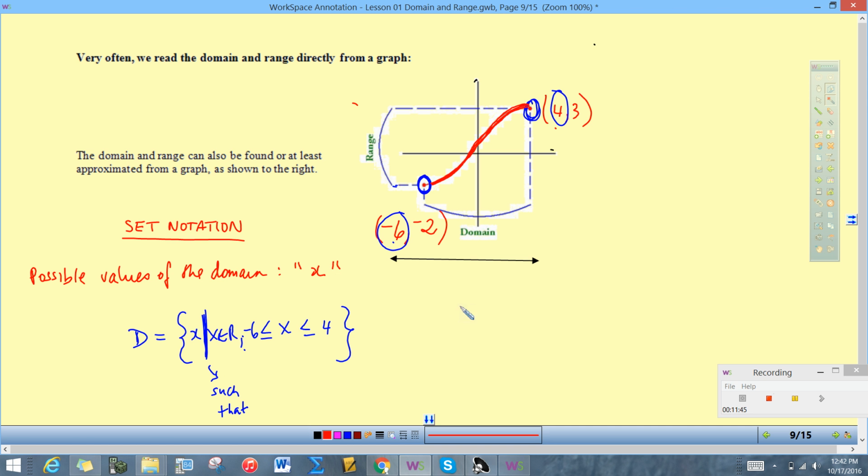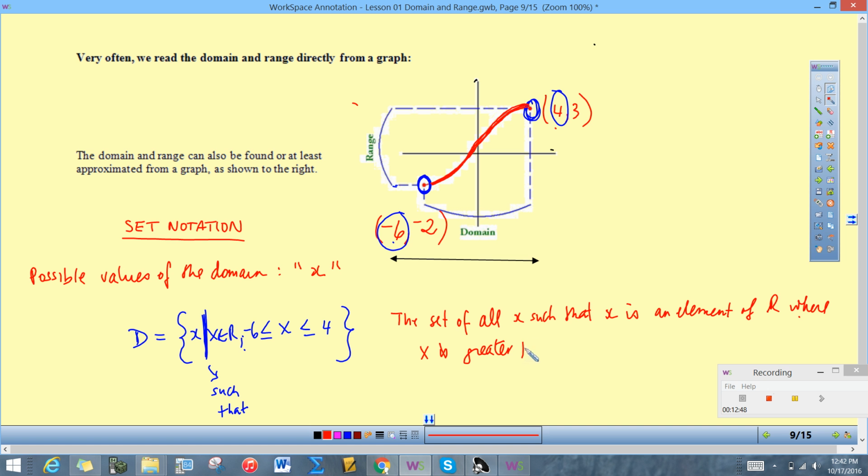So it's read as the set of all x such that x is an element of R, or basically, belongs to R if you want, where x is greater than or equal to -6 and less than or equal to 4.